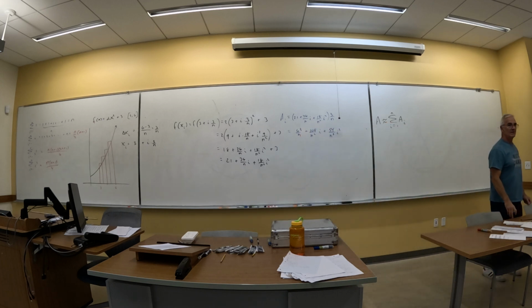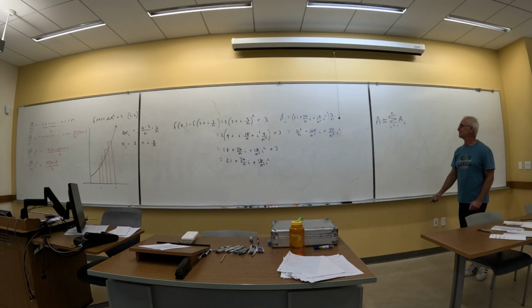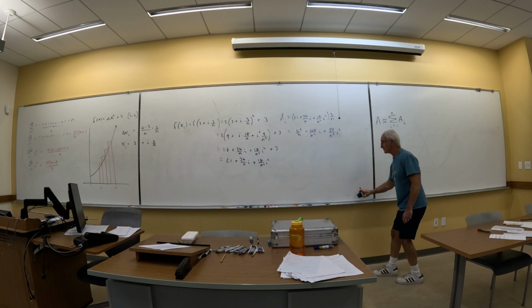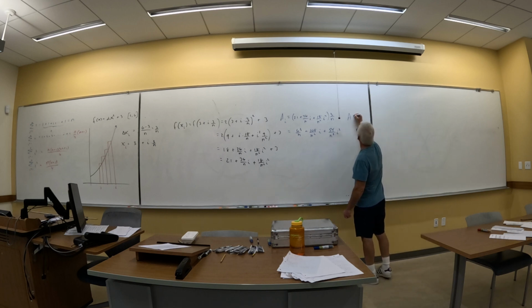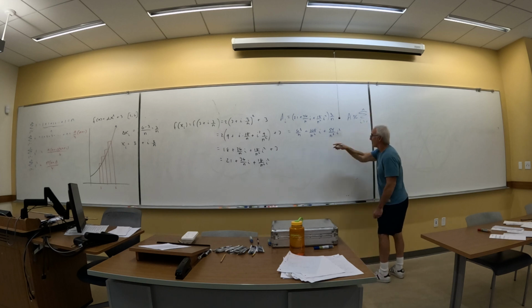It looks kind of horrible. And finally, what I'm going to do is add up all the rectangles. So now I can say that A loosely is the sum from i equal 1 to n of that.